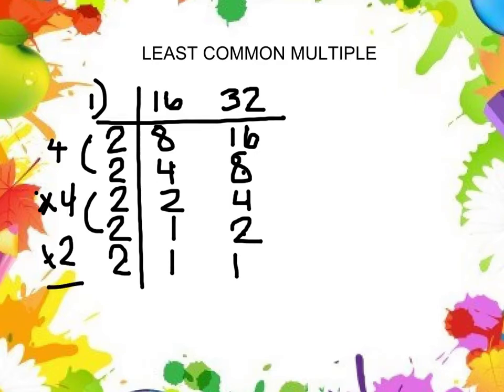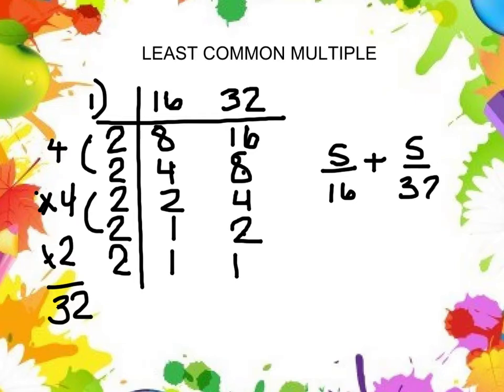Times 2, 32. So if we were to have a fraction such as 5 over 16 and let's say 5 over 32, and we wanted to add them, our common denominator would be 32.